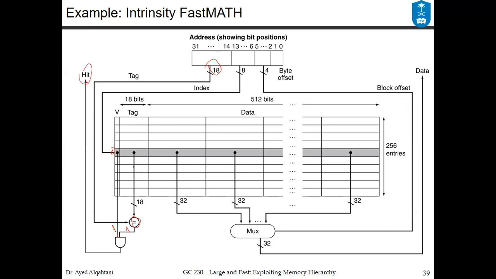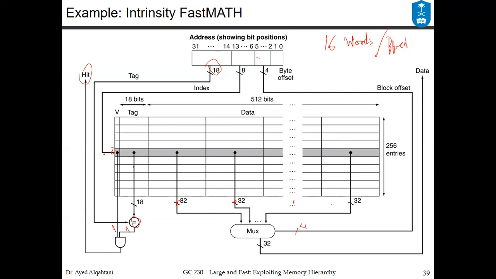And when it is a hit, you give the data to the data output. But since you have 4 bits for the block offset, now we have a multiplexer. You will have 4 selector lines to select among the 16 different words, because we said that here we have 2 to the power of 4, which is 16 words per block.